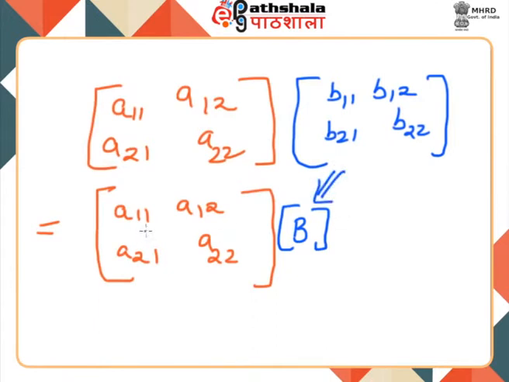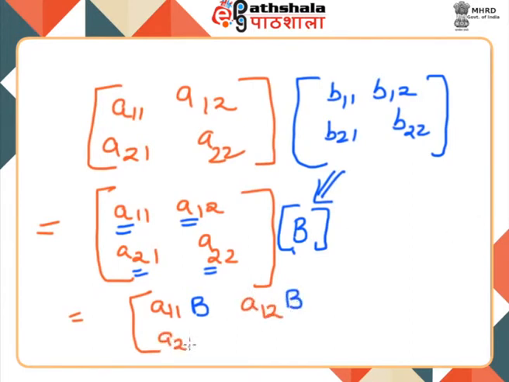What we have to do is take each element of A and multiply it with B. So this can be written as A11 multiplied by B, similarly A12 multiplied by B, A21 multiplied by B and A22 multiplied by B.